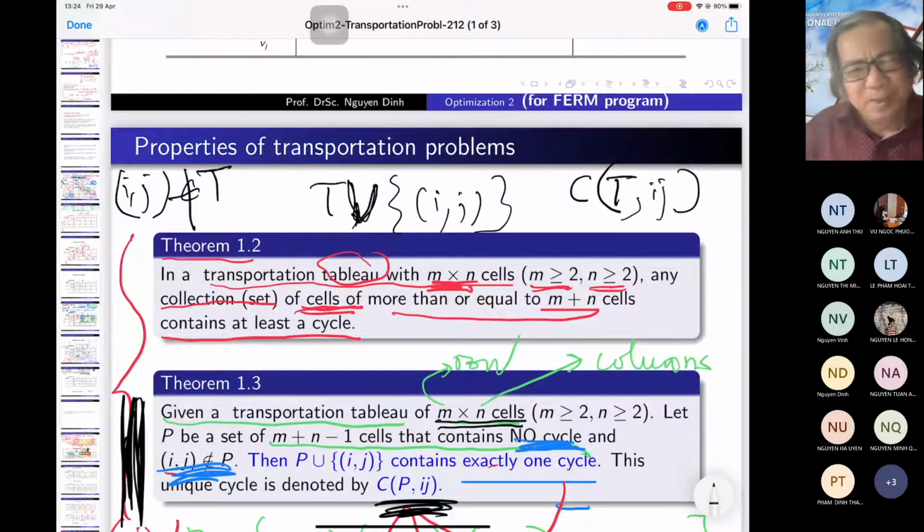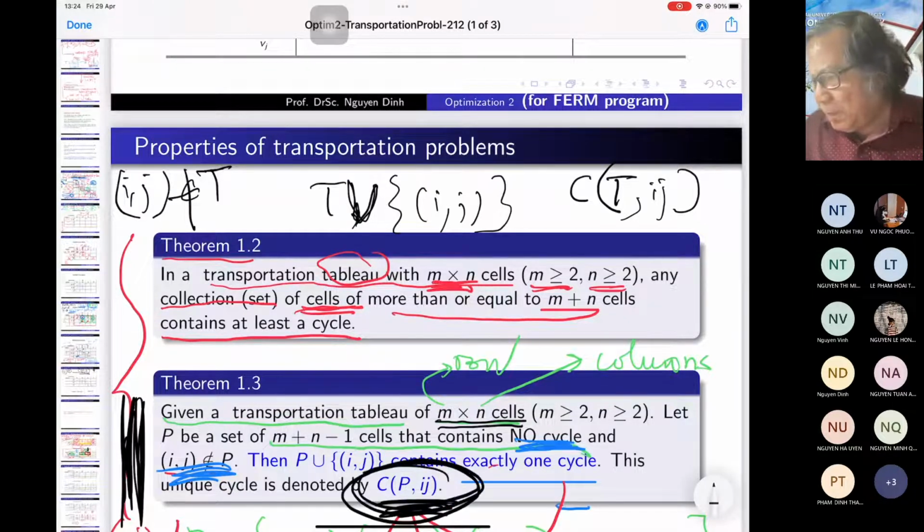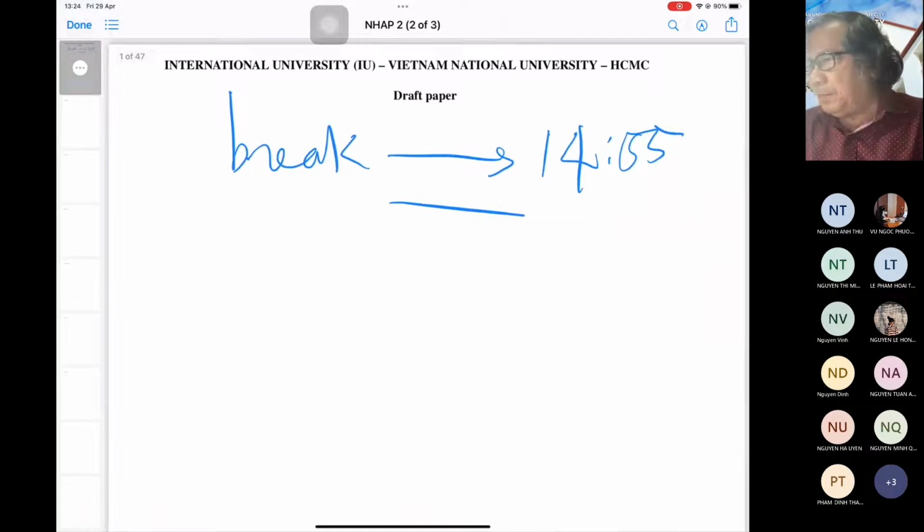And now for the cells, we do the same thing. We have a cycle C(P, I, J). So take a look at the example.